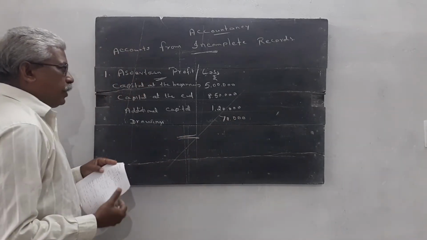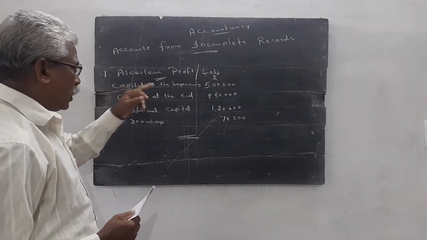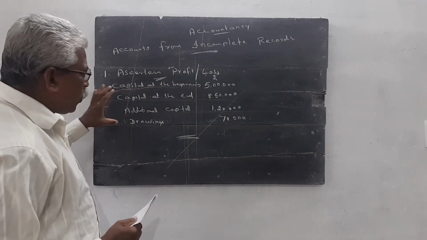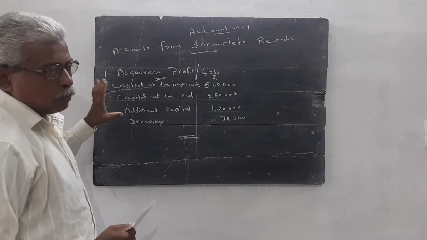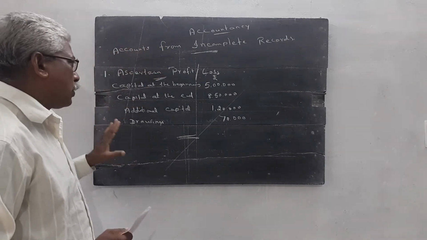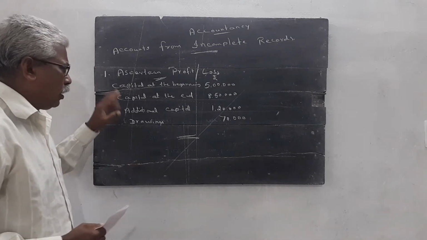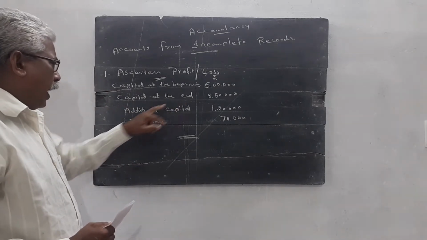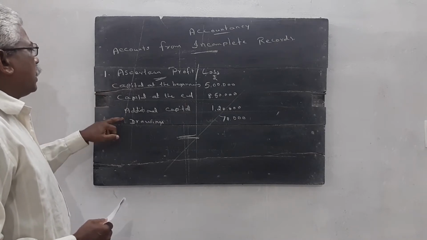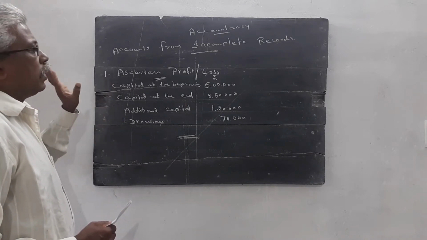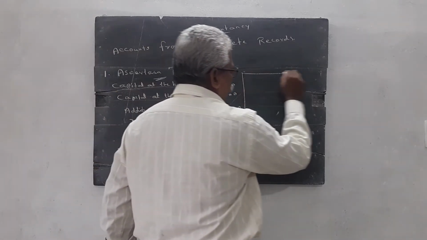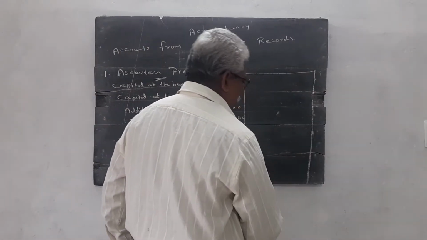With the help of this information, we have to calculate the profit or loss. Before doing this problem, we have to study the formula for calculating the profit. What is the formula? The formula is simple. Capital at the end, add drawings, less additional capital, less opening capital, we can get the profit. So, try to study this formula.